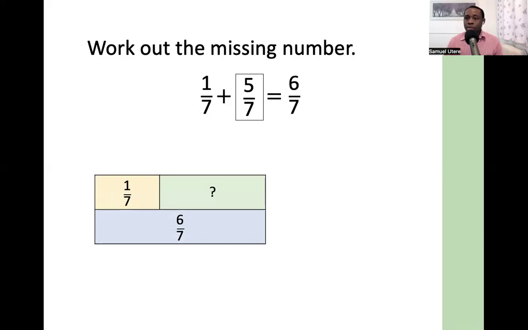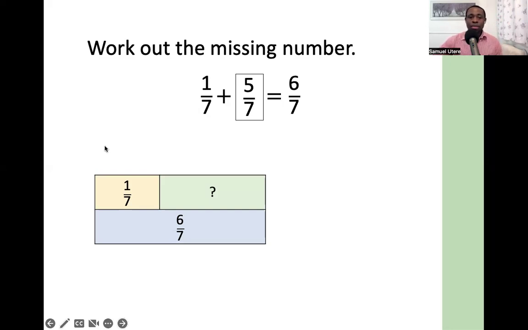We can use a bar model to represent the same thing because what it means is that 1/7 adds something, and you know in a bar model, we usually add the bars. So 1/7 adds something is equal to 6/7. So that is what is represented in a bar model.